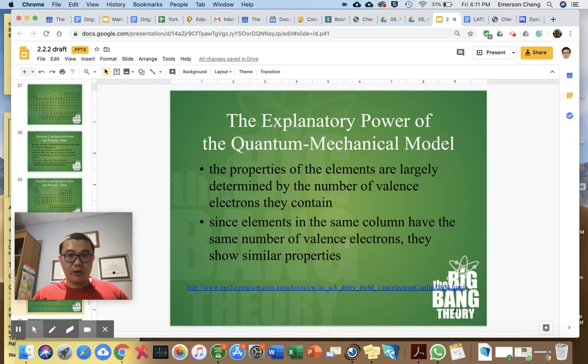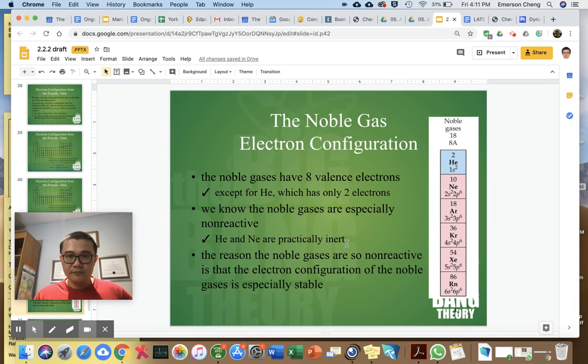But right now we just have better math to prove it. Again, this was my question earlier about krypton. Why are they so inert? Because all their subshells are full, based on the electron configuration.